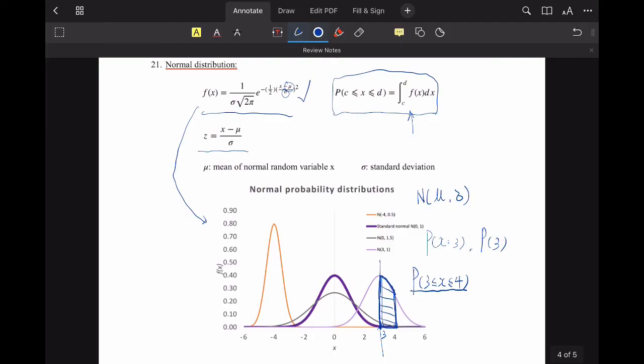Right, as I mentioned, if I want to calculate the probability of 3, it's just this small slice. What about probability of 4? This small slice. Probability of 3.9, this small slice. 3.8, this small slice. So if you add all these slices together, they become this shaded area.